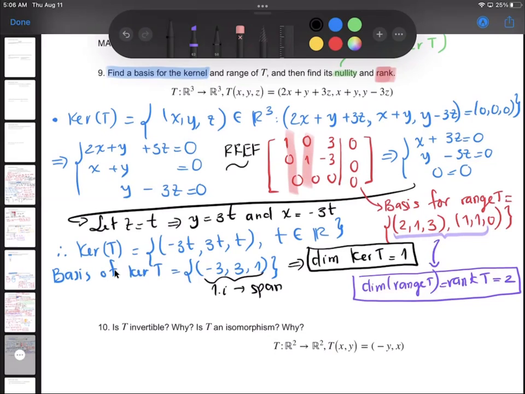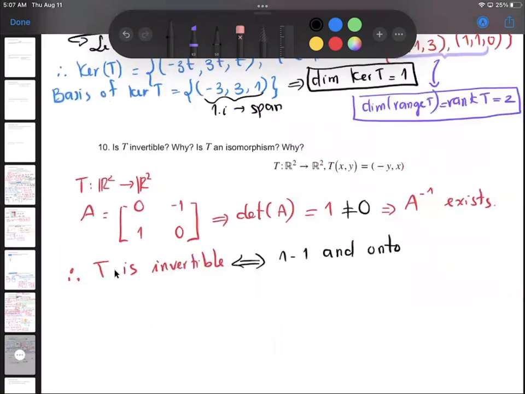invertible. Now, if T is invertible, then it is equivalent to saying that T is 1-to-1 and it is also onto. If you take discrete math, they call it surjective and injective, I think.